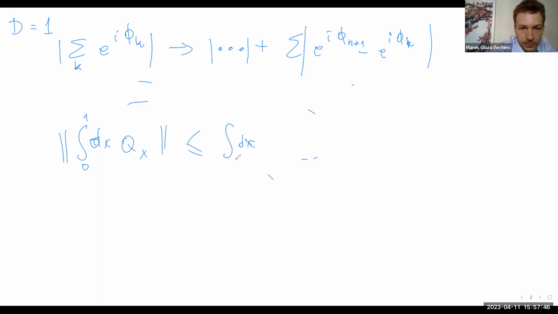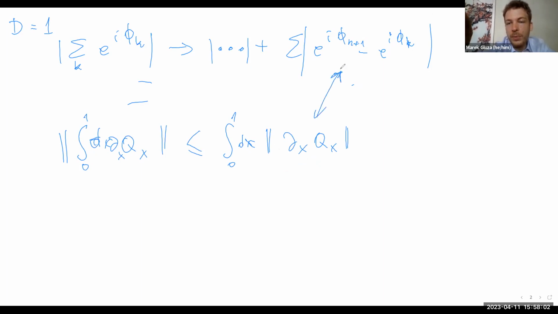But what I'm saying is there is a reason why this stuff works. And I keep forgetting the dx, sorry, q(x) here. And this derivative you can think of as doing this here, but sort of in the abelian case, not our non-abelian case. Okay, so this is a generalization.